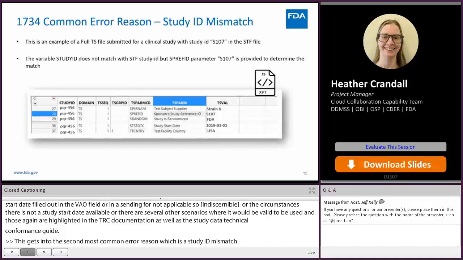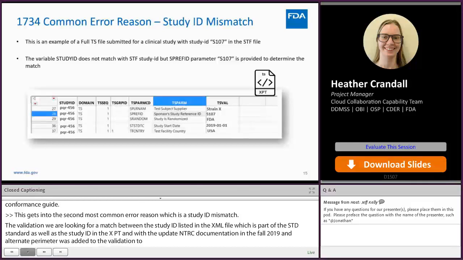With the update to the TRC documentation in the fall of 2019, an alternate parameter was added to the validation to create this match between these two pieces of information.